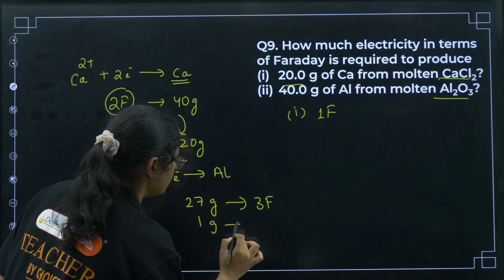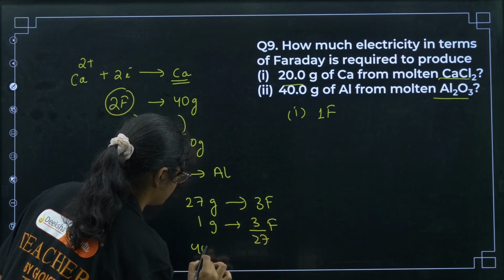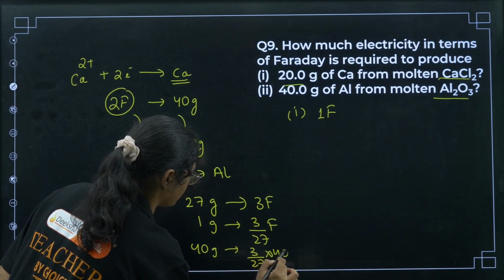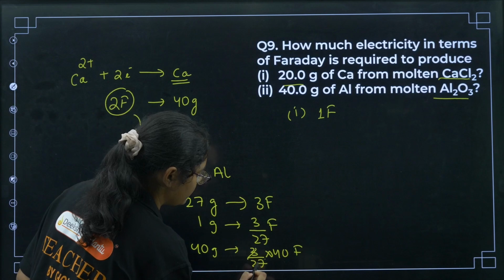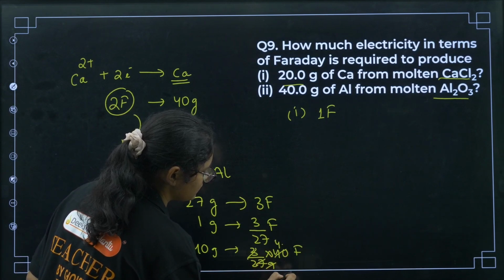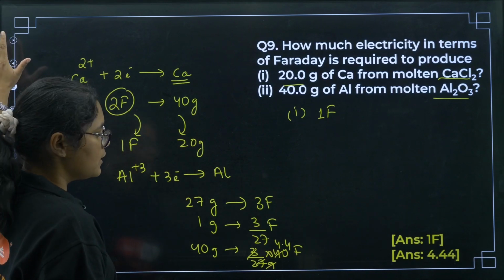So 1 gram will be 3 by 27 Faraday, and then 40 gram will be produced by 3 by 27 into 40. If I just calculate, 3 9s are 27 and 9 4s are 36, so we will get 4.4 Faraday something.